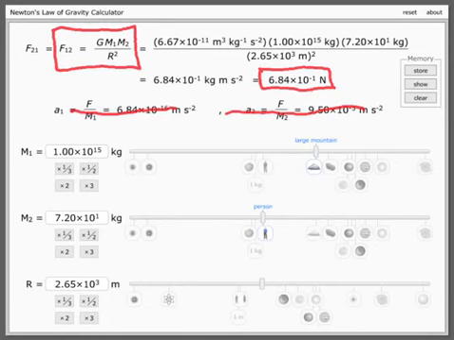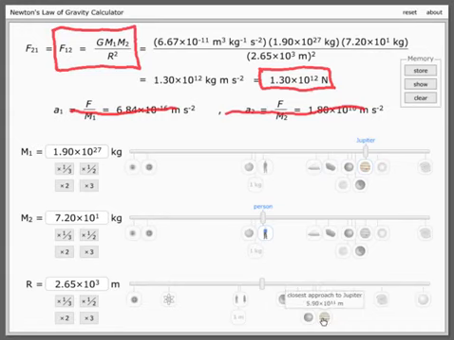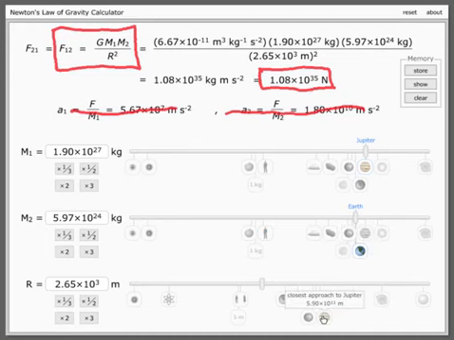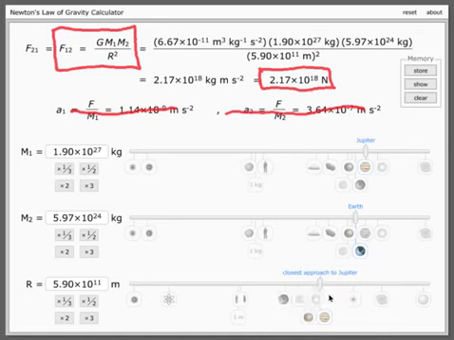Now this calculator also goes to really big things, like the force of gravity between Jupiter and the Earth. Let's find Earth at the closest approach to Jupiter, meaning the closest distance the Earth and Jupiter ever experience. You can see this is a huge number, billions and billions of newtons of gravity of Jupiter and Earth tugging on each other.